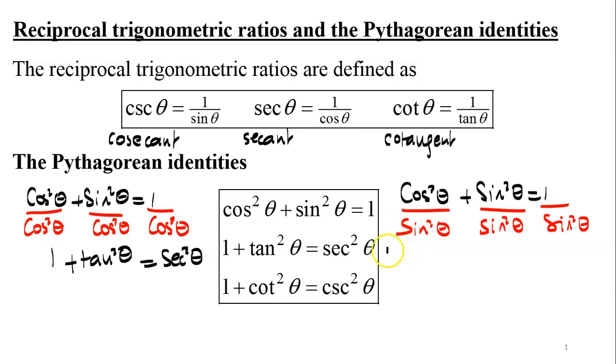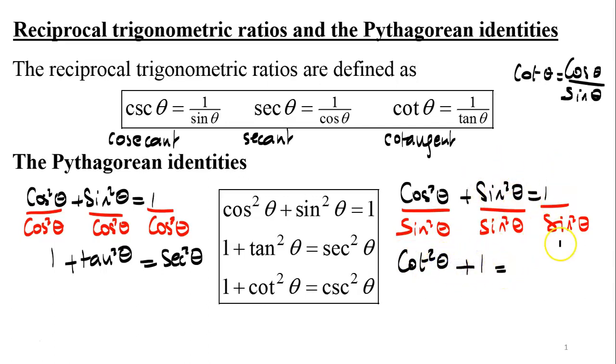We know that tan is sine over cosine, and cotan being the reciprocal of tan, it means that cotan theta is in fact cosine theta over sine theta. So over here we have cotan squared theta, sine squared over sine squared is a 1, and 1 over sine squared is in fact cosecant squared theta, which leaves me with this third Pythagorean identity. Now cosine squared plus sine squared equals 1 is the main one. These two derive from it, using the reciprocal trigonometric ratios.